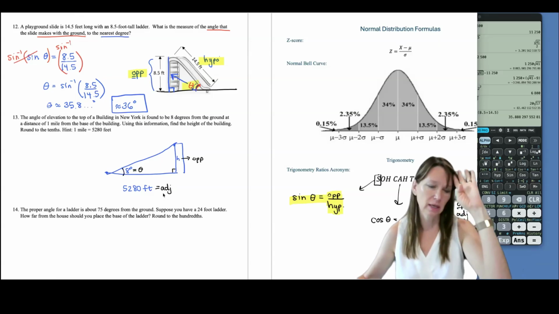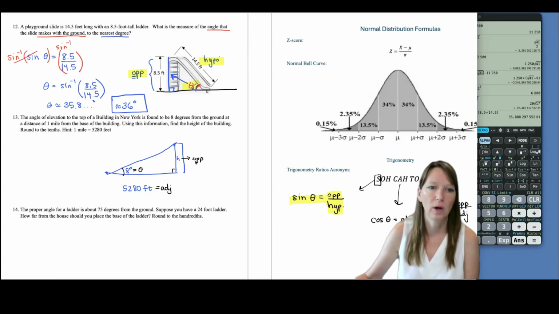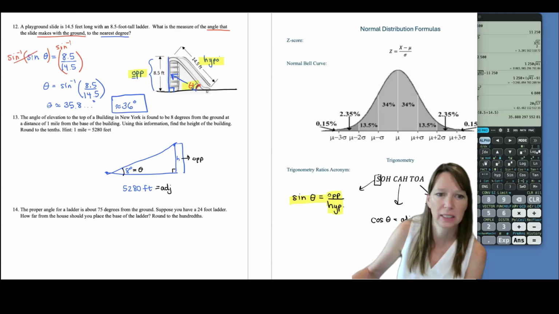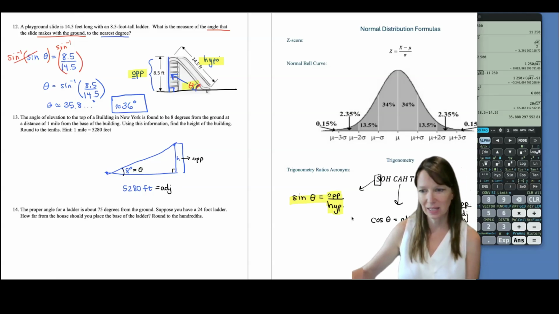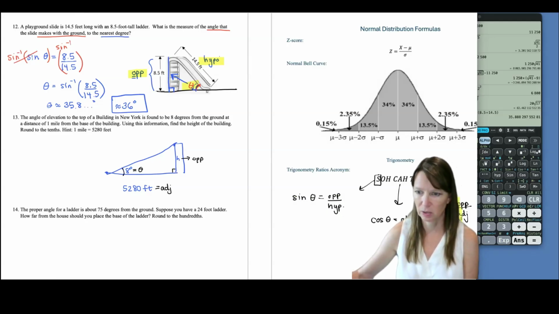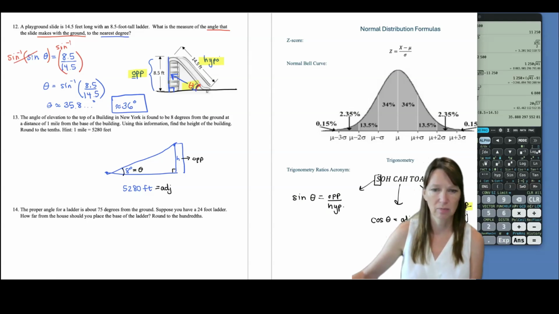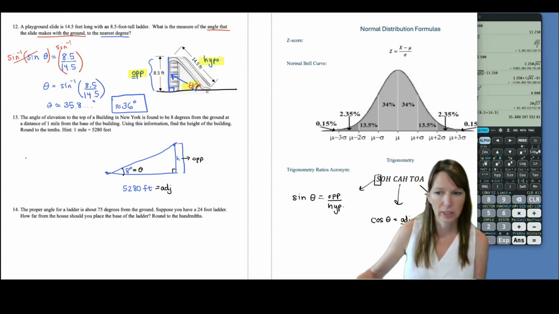So once I've got those labeled, I know I want opposite, I have adjacent, I need O and A. And so in this case, we're not going to want sine. I'm going to want to use the tangent. Okay, let's throw it into the formula.